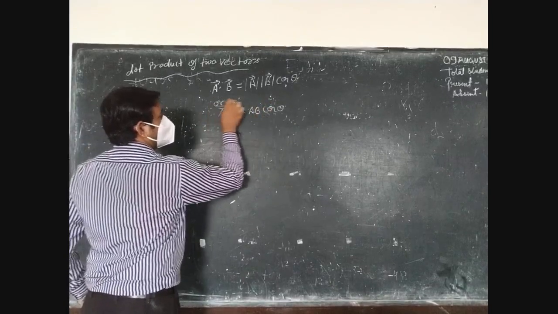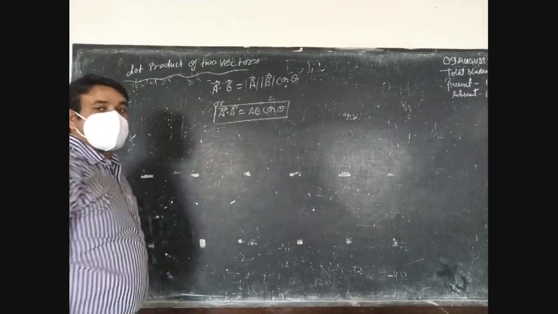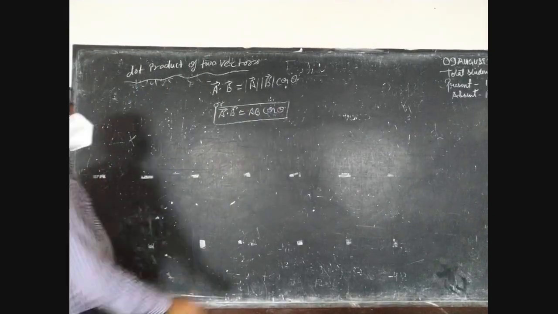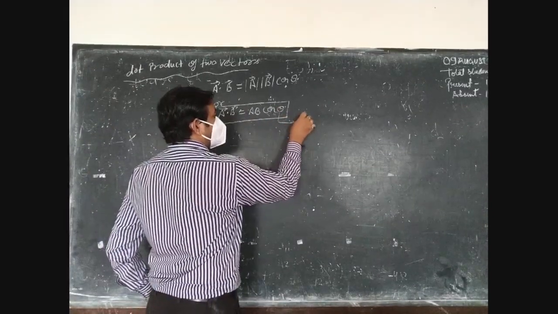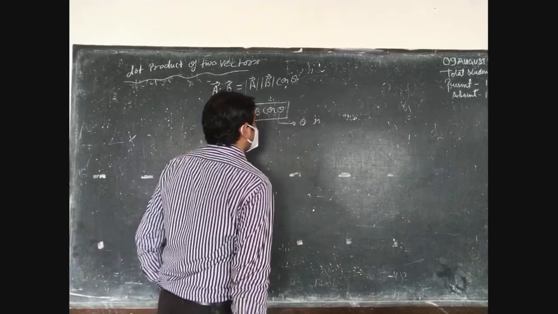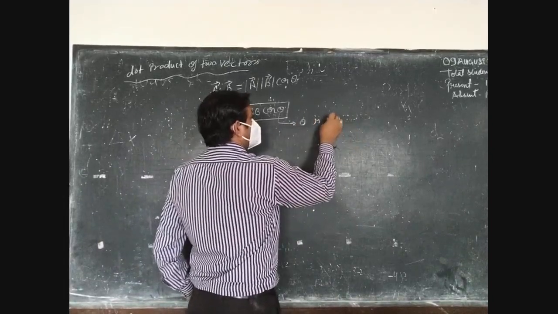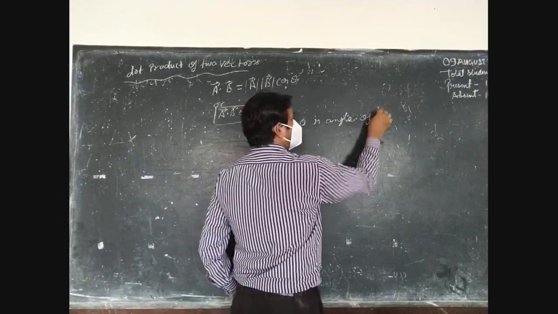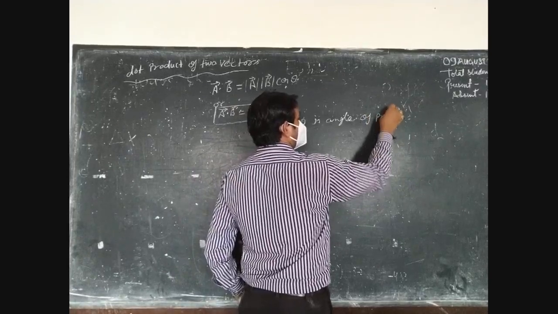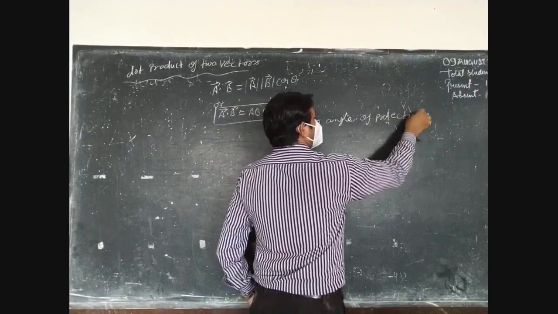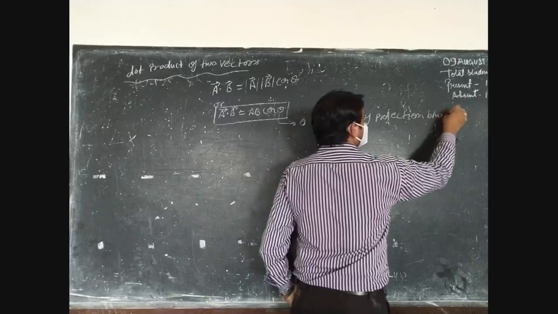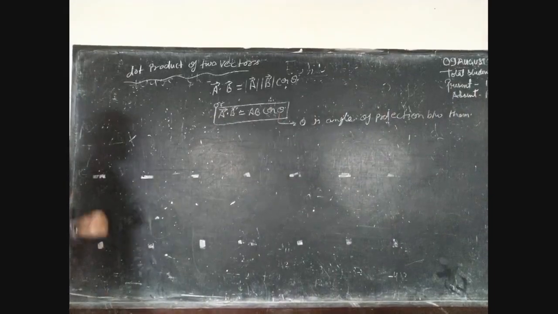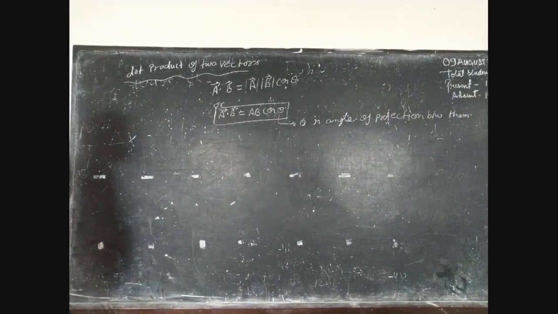This is the dot product of two vectors, where this theta is the angle between the two vectors.